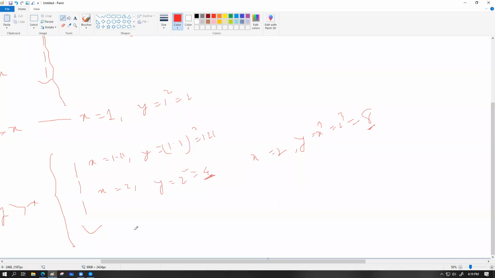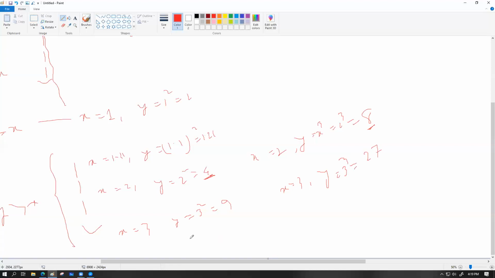For x equals 3, y equals 3 squared, which is 9. But for cube, for x equals 3, y equals 3 cube, which is 27.